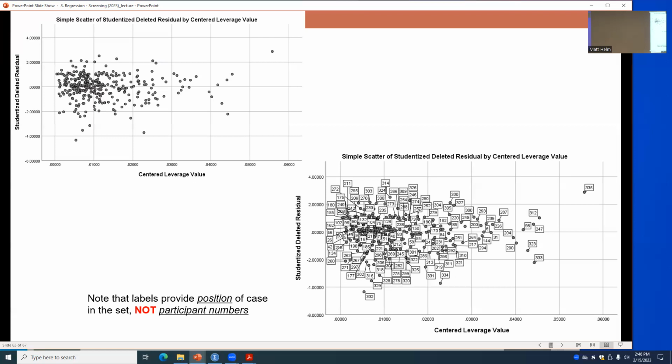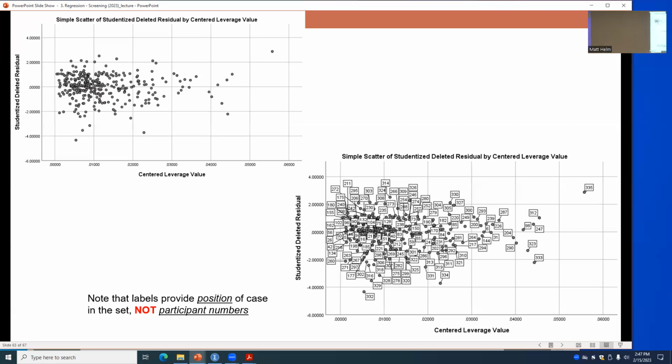Note that these labels are not your participant numbers. This is literally where this case is in your data set, where you happen to have it sorted right now. So don't identify this as an ID number. This is just where it's sitting in your list. If you sort it, all these are going to change around.